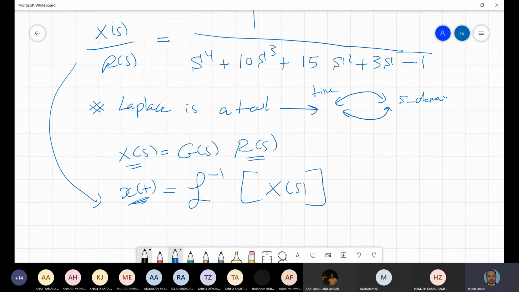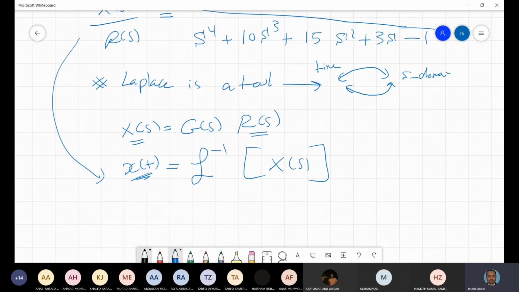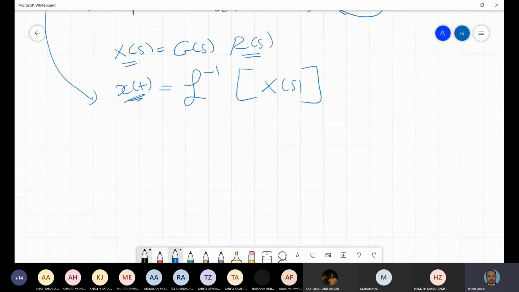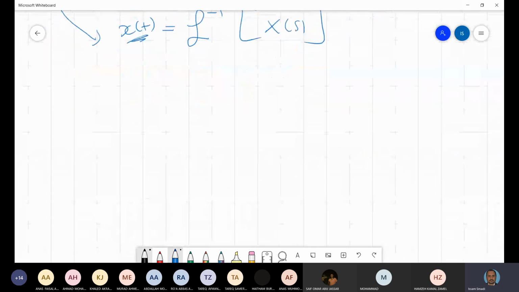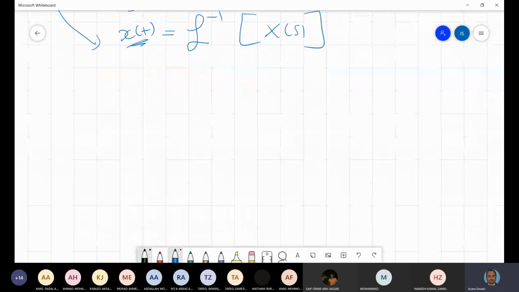Next time I will discuss with you the basic functions in Laplace, and how I can do the Laplace inverse in a very simple and straightforward direction.